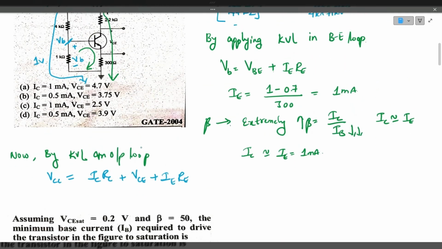Now by substituting these values, VCE is equal to VCC, the value of VCC is 5 volts here, so 5 volts minus the collector current of 1 milliamp, collector resistance is 2.2 kilo ohms, and emitter current is again 1 milliamp, emitter resistance is 300 ohms. By solving all this, you will get the VCE voltage as 2.5 volts approximately.